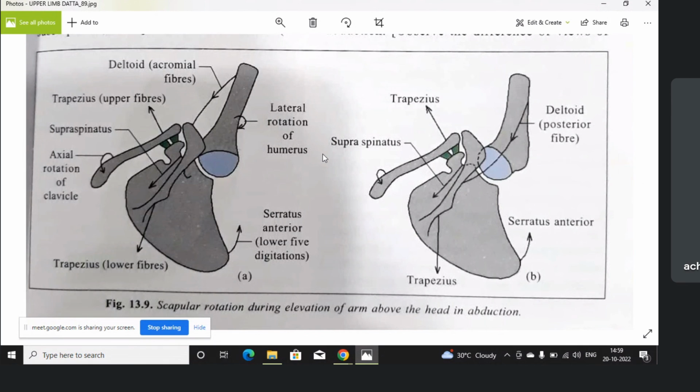Next, adduction of the joint is by the posterior fibers of the deltoid and serratus anterior.